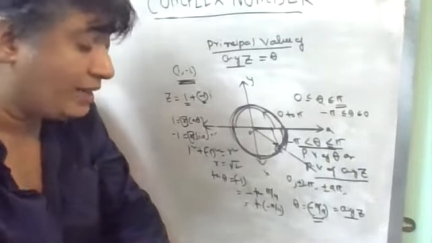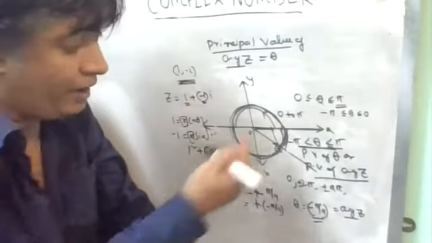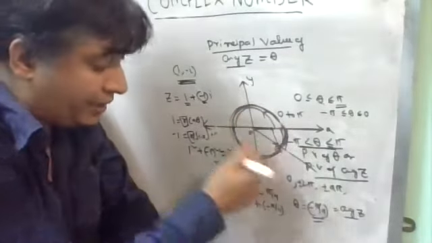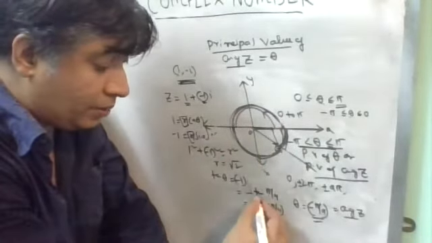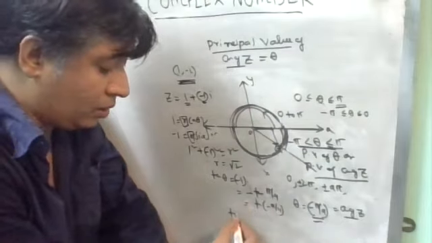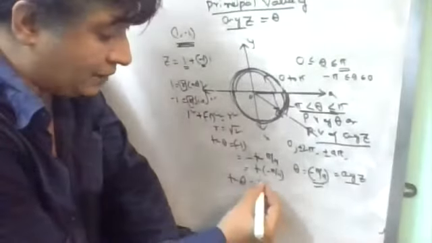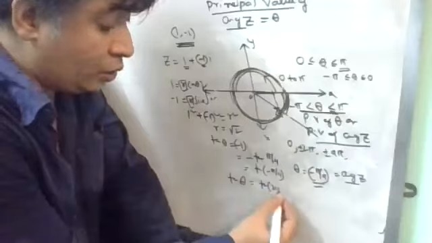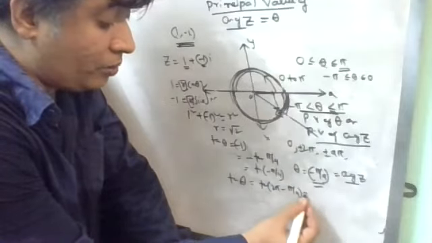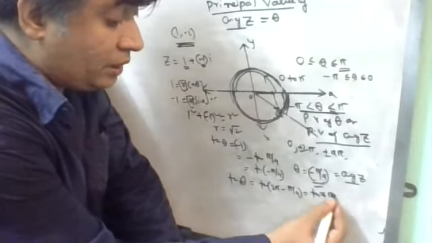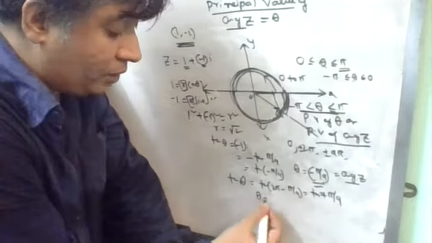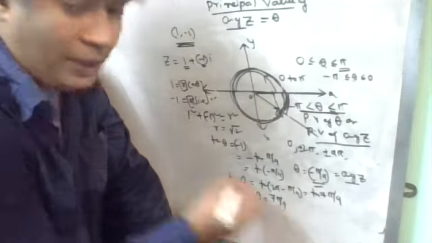But someone can say, if I write 2 pi minus theta, because minus tan pi by 4 can be tan of (2 pi minus pi by 4), that will give theta as 7 pi by 4.